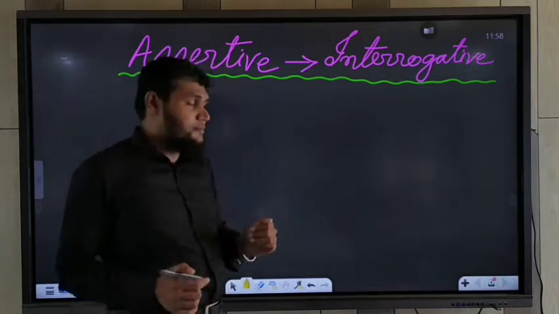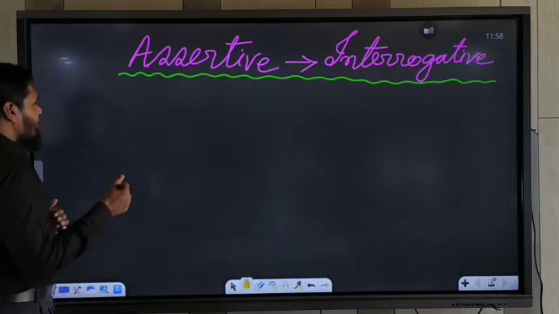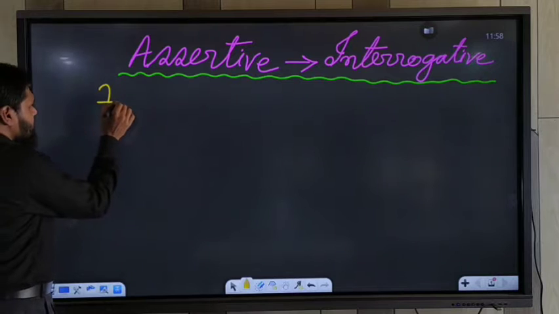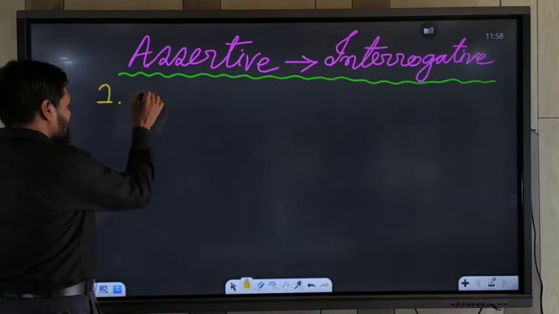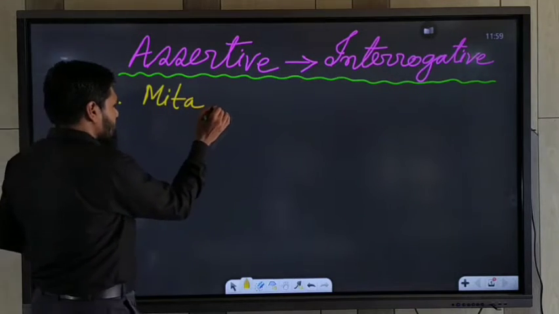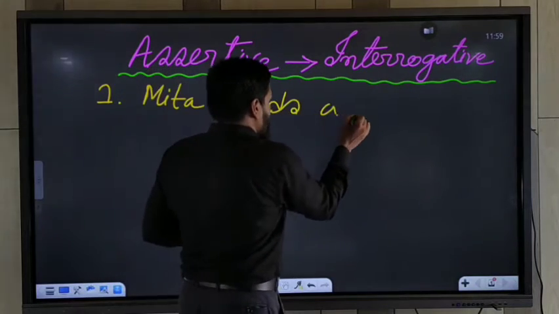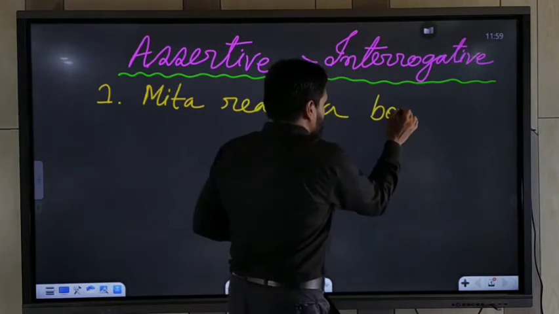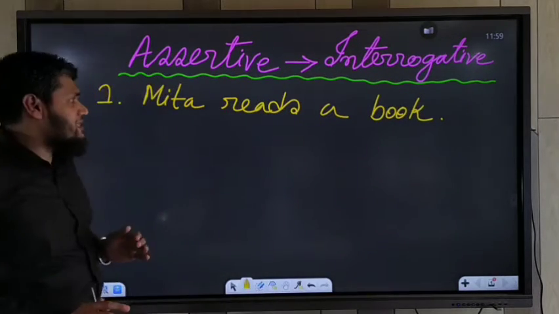So let's practice. At first, we need to give an example. Number 1. Mita reads a book. What is the sentence?